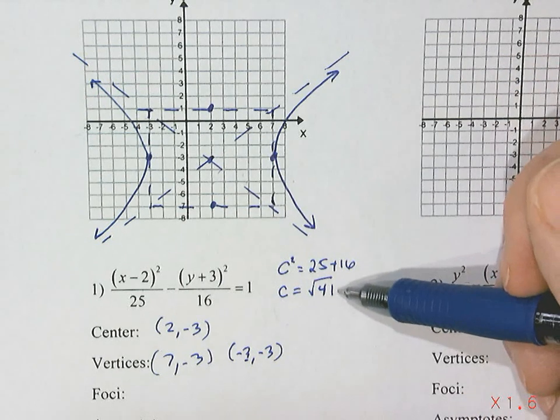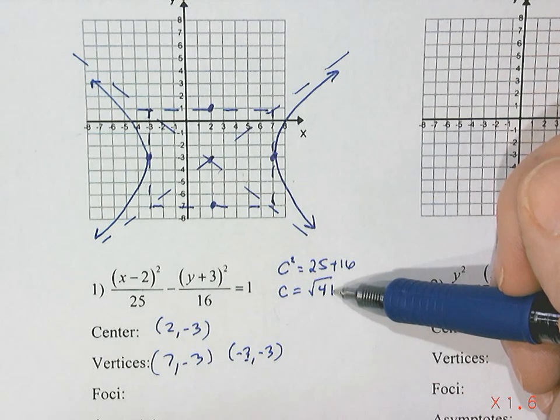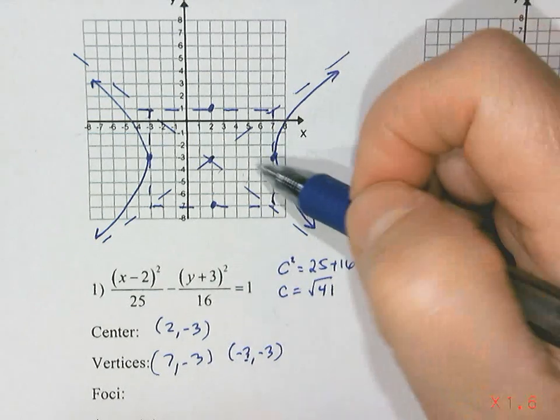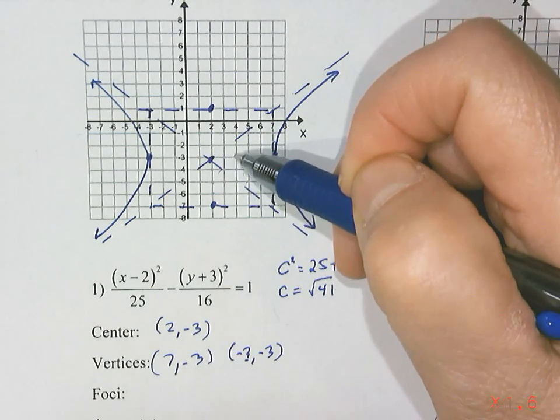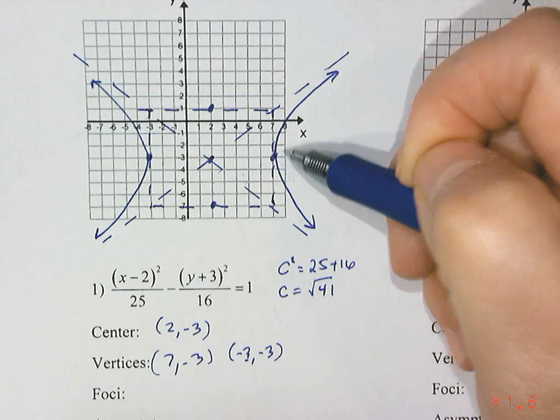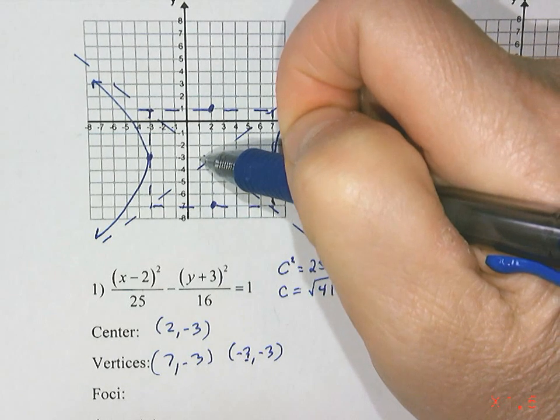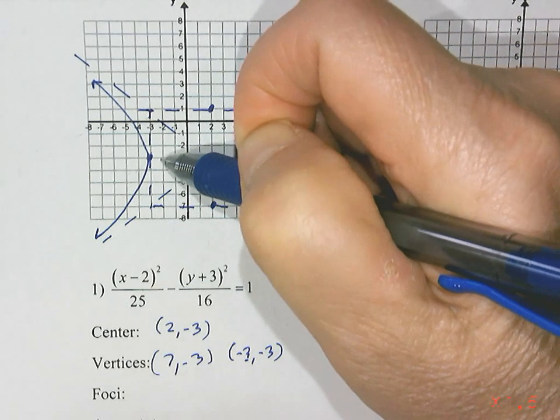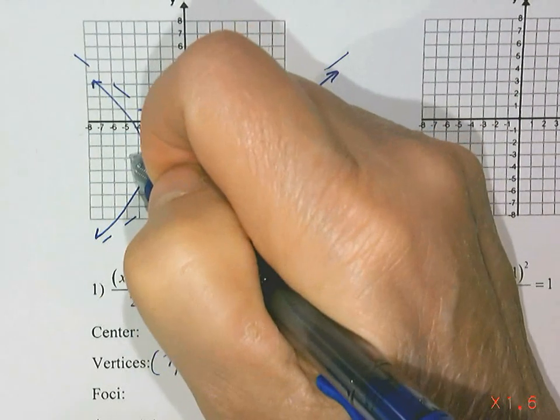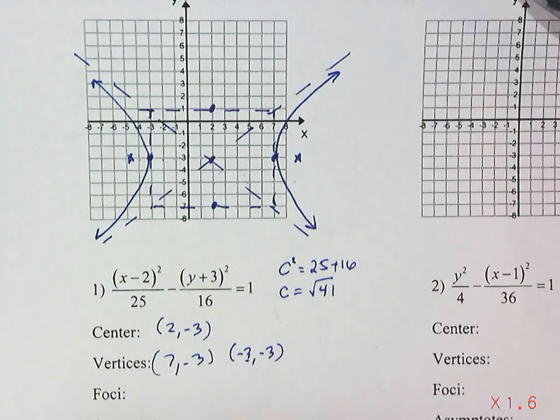Square root of 36 is 6, square root of 49 is 7, so I know it's between 6 and 7. If I count 1, 2, 3, 4, 5, 6, 7, it's somewhere about there.